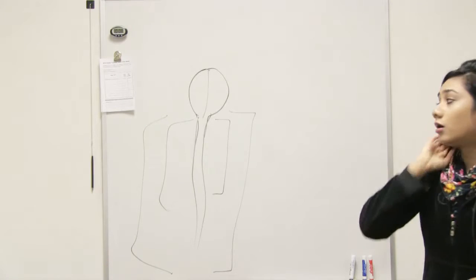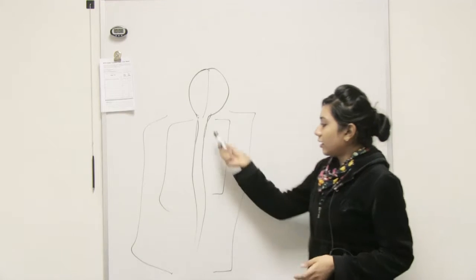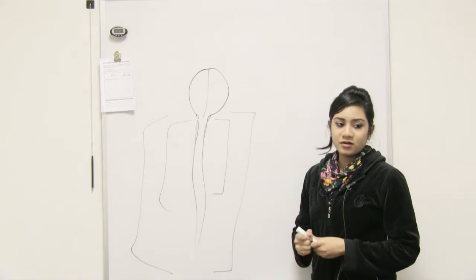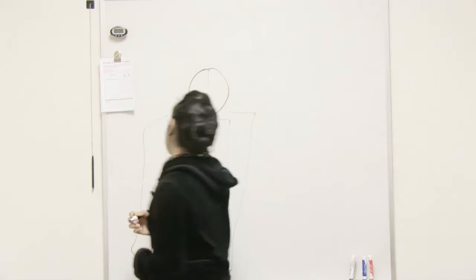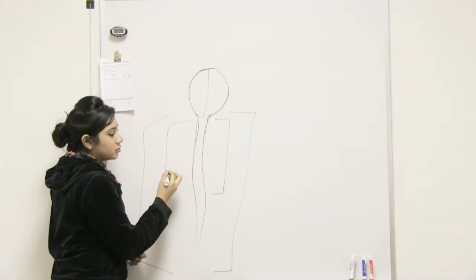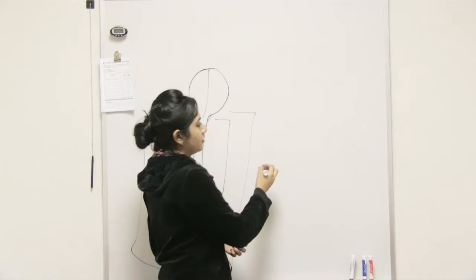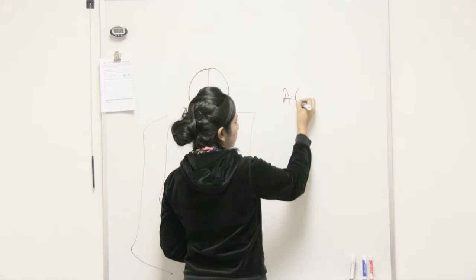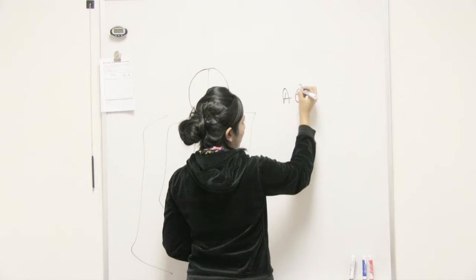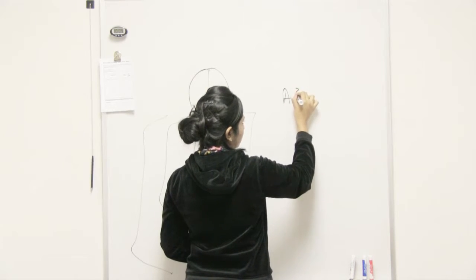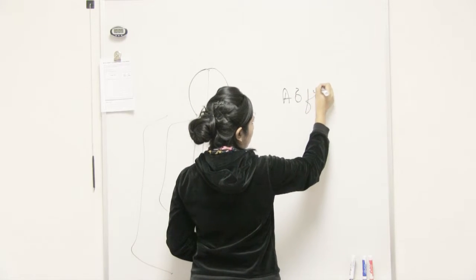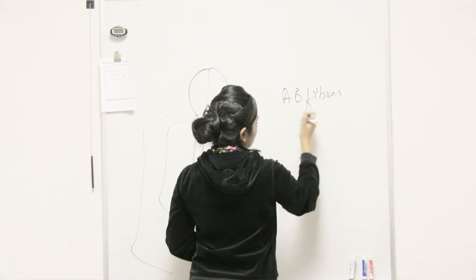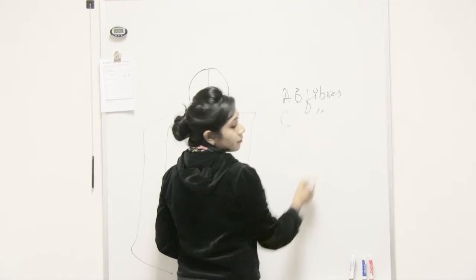Okay. And here, mostly the impulses have A delta fibers. So what's the difference between A delta fibers and C fibers? The A delta fibers transmit specific, sharp pain waves.